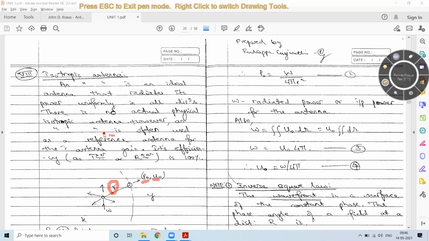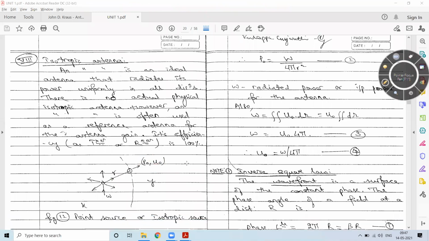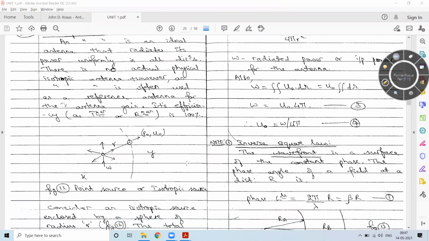If an antenna radiates equally in all directions, then at a given distance, if you measure at any point either the power density or the radiation intensity, you will get the same value throughout that surface. Such an antenna is termed an isotropic antenna.